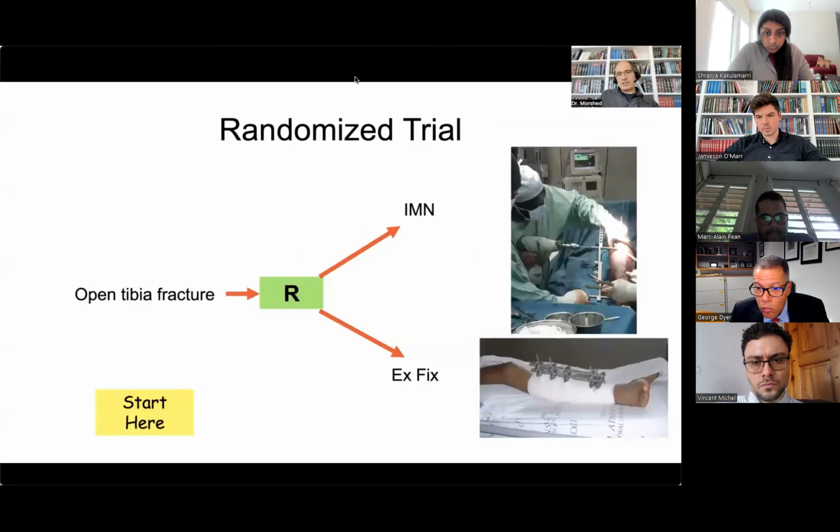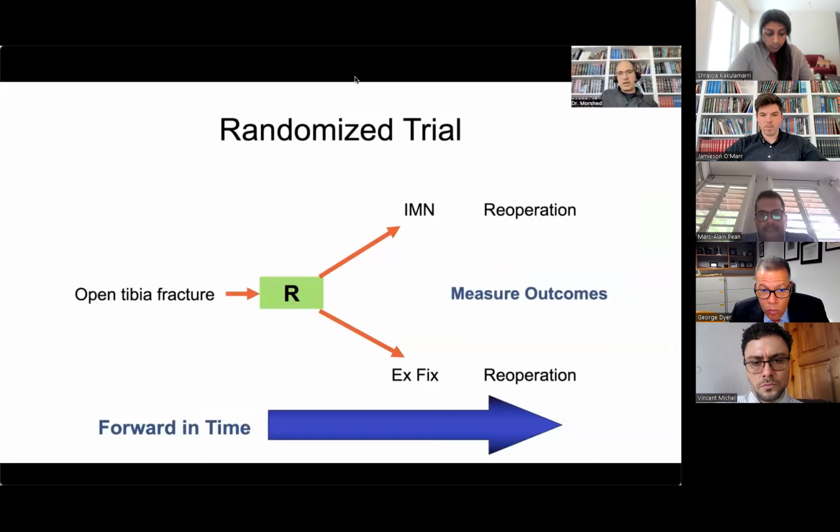We designed a randomized controlled trial. And what happens in a randomized controlled trial is that we start with the diagnosis of an open tibia fracture. We defined comparator treatments, and we randomize patients to one of those two treatments.